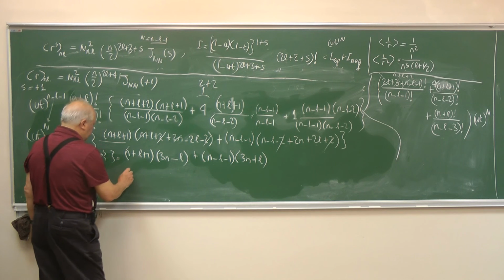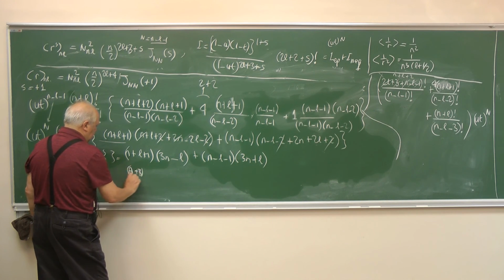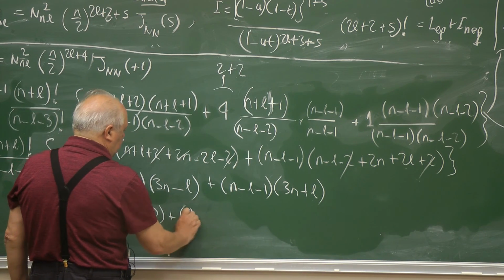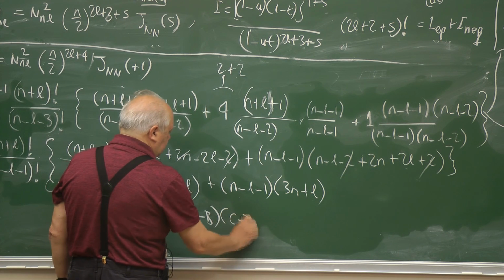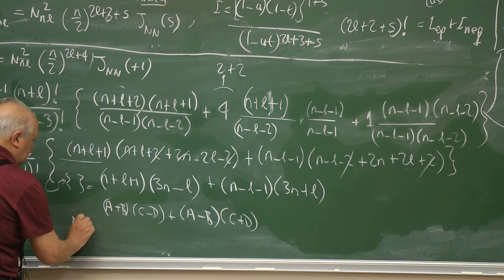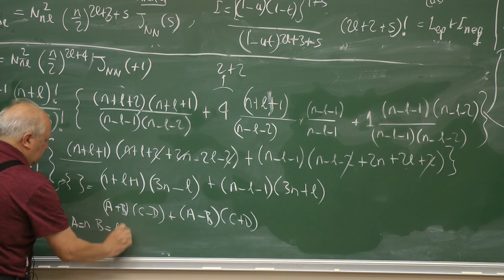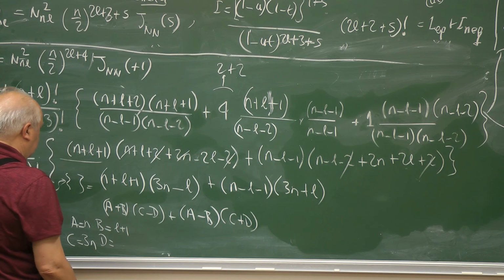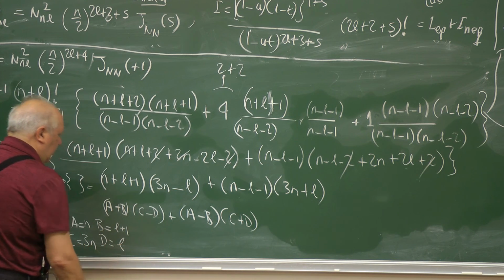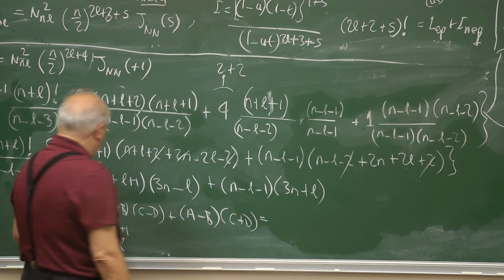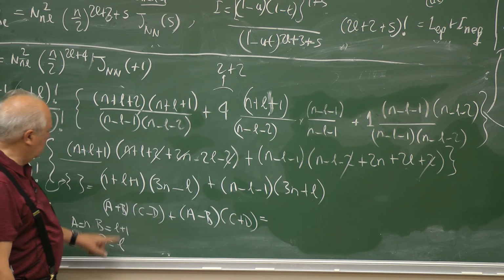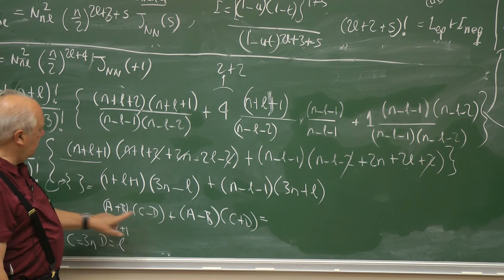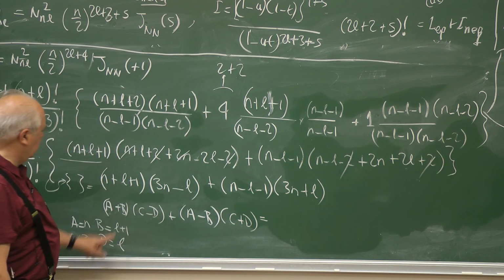Now this has this form: A plus B times C minus D, plus A minus B times C plus D, where A is n, B is L plus 1, C is 3n, and D is L. So I have an AC here, another AC there, 2AC, minus BD, so minus 2BD, but AD will cancel, minus AD, plus AD, and plus BC, minus BC.